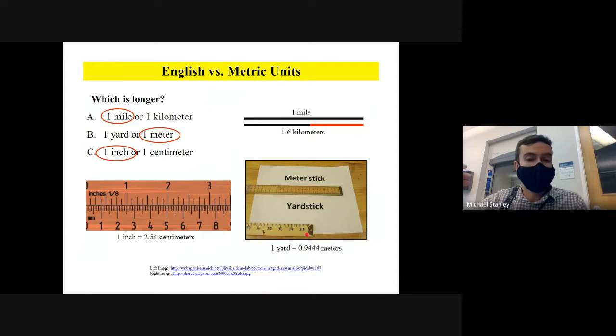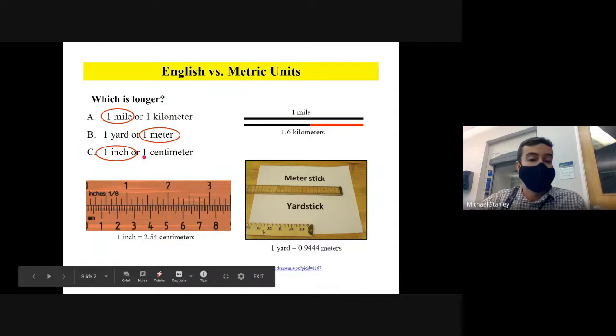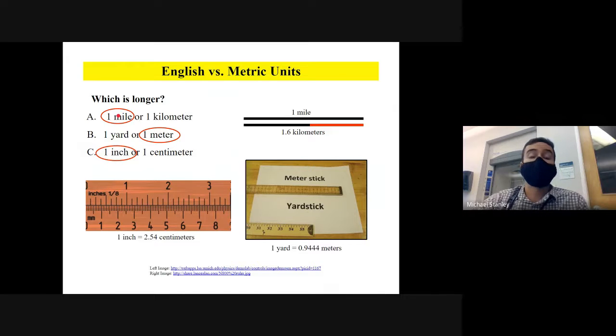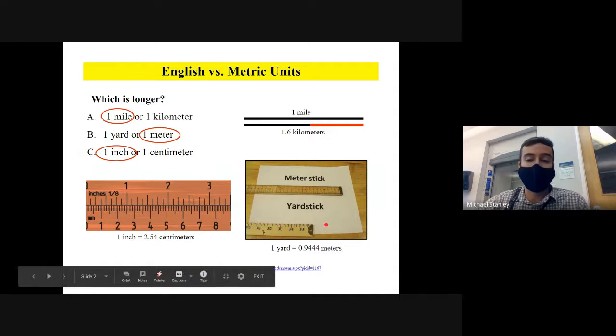So in America, we have things like inches and yards and miles and feet. In the metric system and the SI system, they have meters. So 1 meter is approximately the same as 1 yard. It's a little bit longer than a yard.